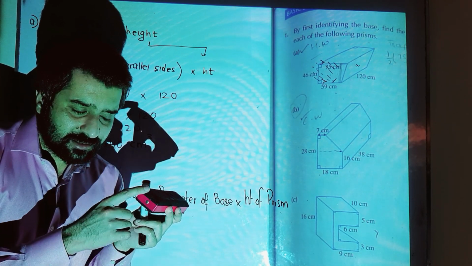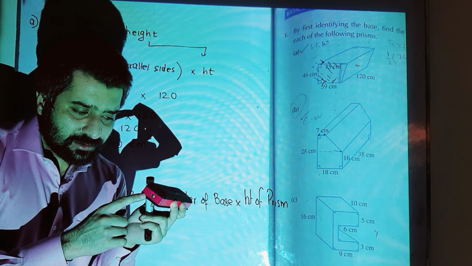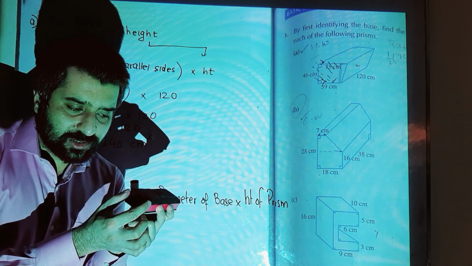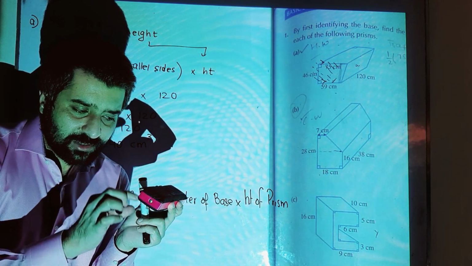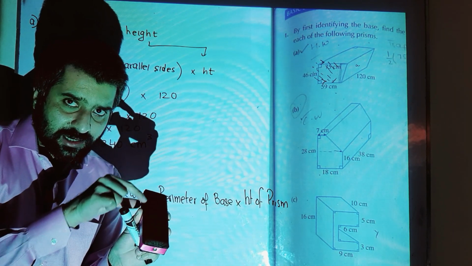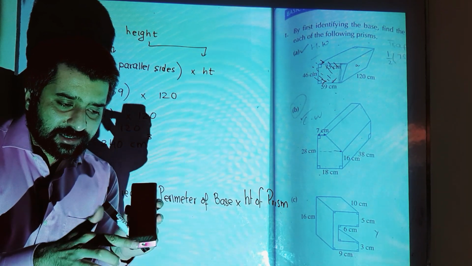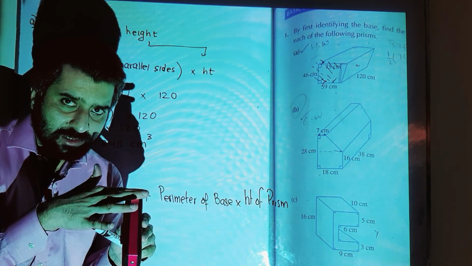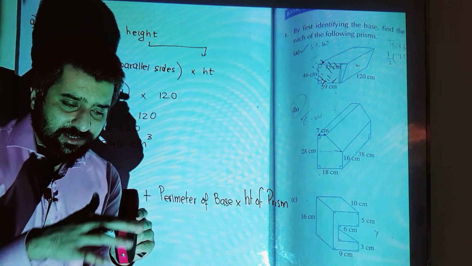Add all the lengths of your base. Length plus width plus length plus width will give you the perimeter. And when you multiply this perimeter, this boundary, with the total height, you will get the area of the flat lateral faces, this one and this one.